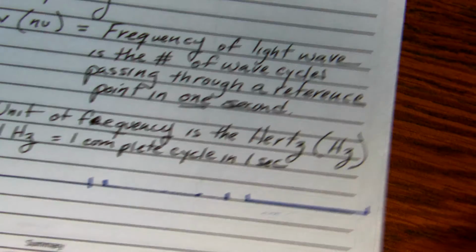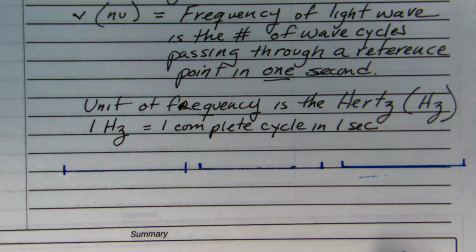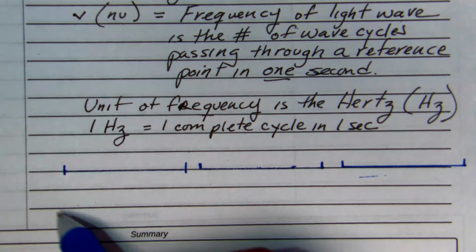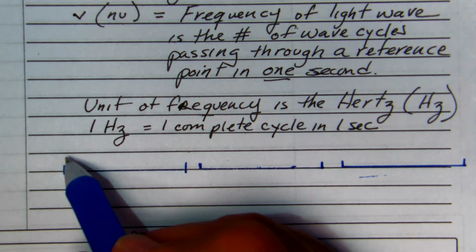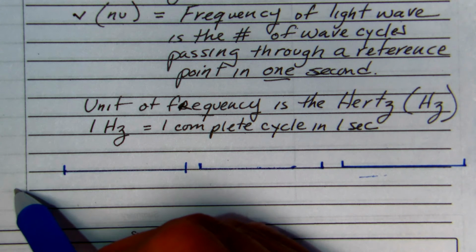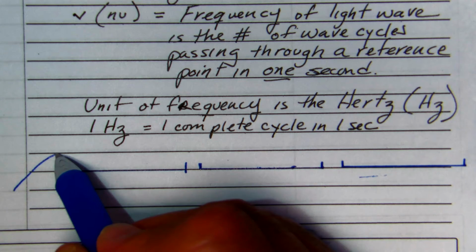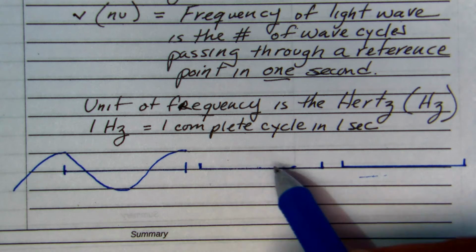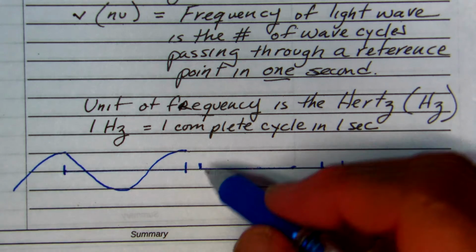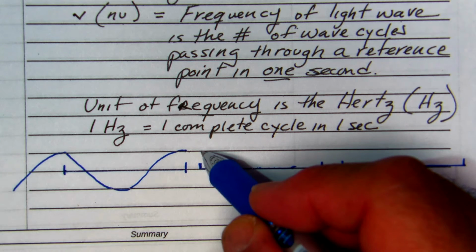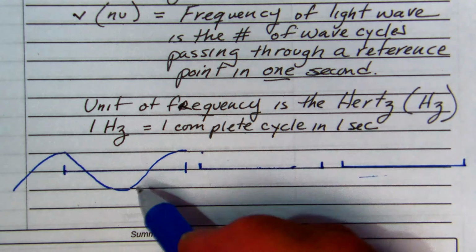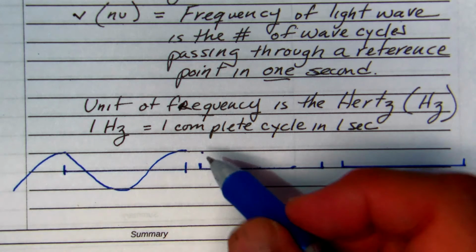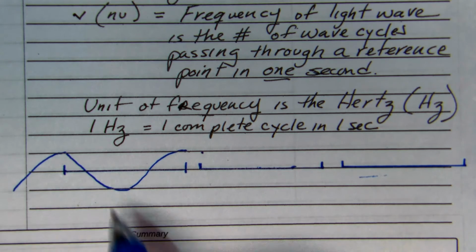I'll get you in sync in a second here. If I was to draw this and a wave that goes through it, I'm going to try to draw a wave that comes up to a crest, comes down to a trough, comes back to a crest. Same thing, I'm going to say that this is 1 second.